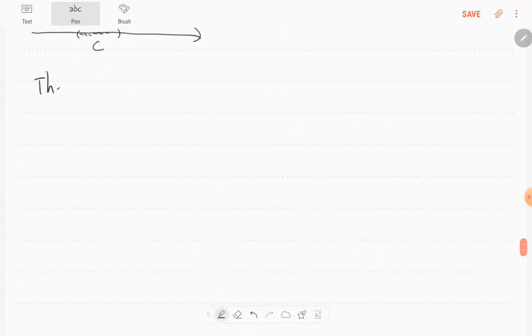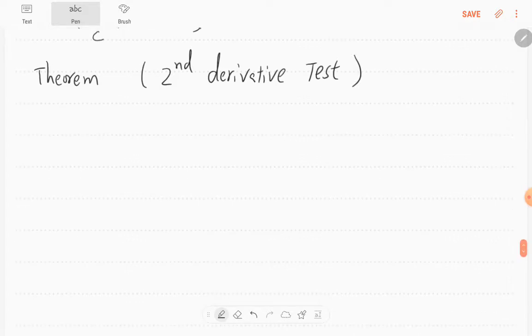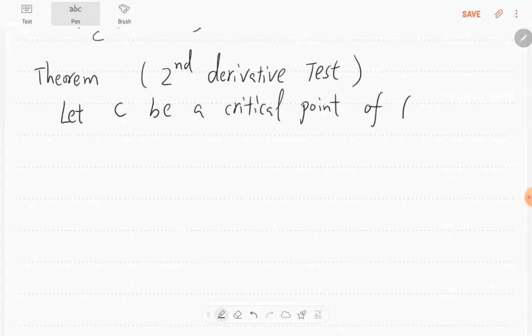So this is the theorem, the second derivative test. It says let c be a critical point or value of this function f of x.